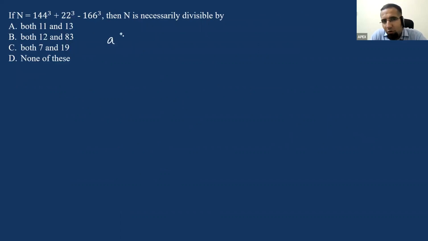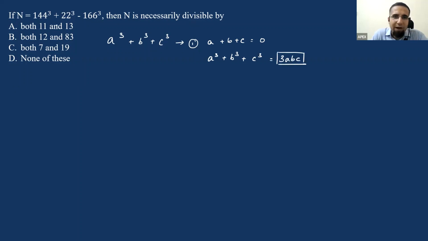Whenever I see a cube plus b cube plus c cube, the first thing I need to check is, guess what? Is the value of a plus b plus c equal to 0? If the value of a plus b plus c is equal to 0, in that case a cube plus b cube plus c cube becomes equal to 3 times a into b into c. Now, what is the value of a here?